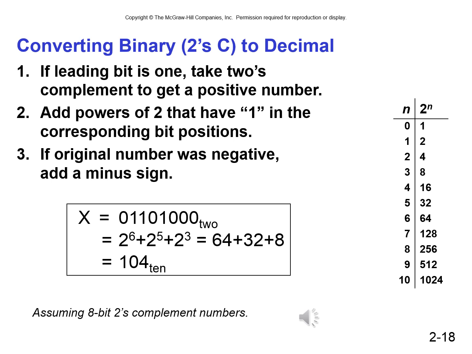So if the leading bit is 1, that indicates it's a negative number. So you just take the 2's complement to get the positive number, and then you know what to do, right? Add the powers of 2 that have a 1 in the corresponding bit position. If the original number was negative, you add the negative sign in front of it. It's really straightforward, easy to do.